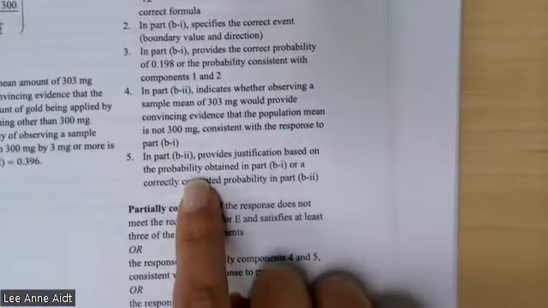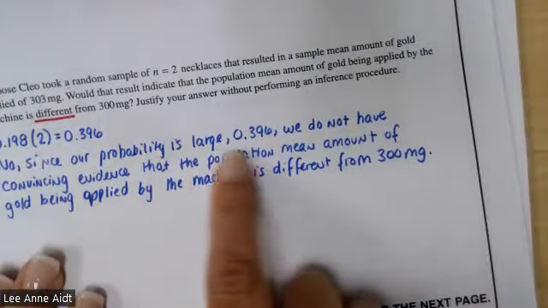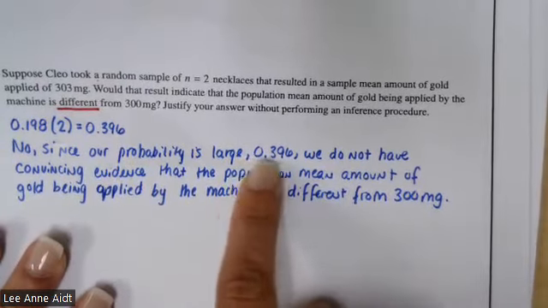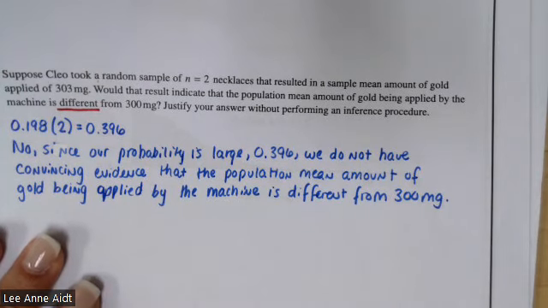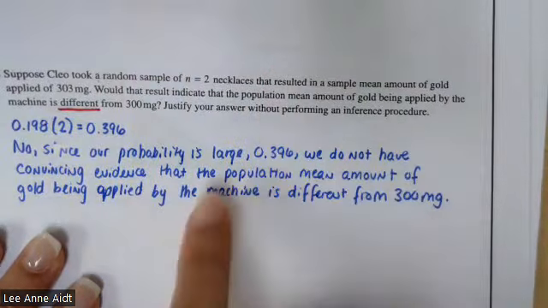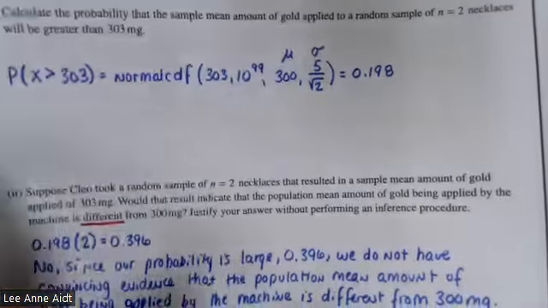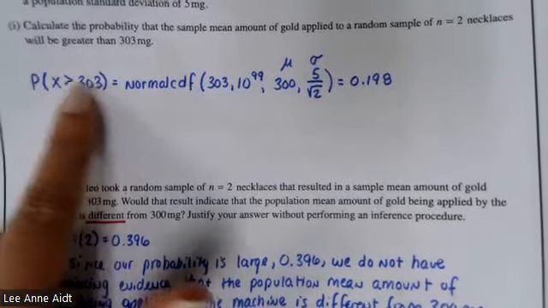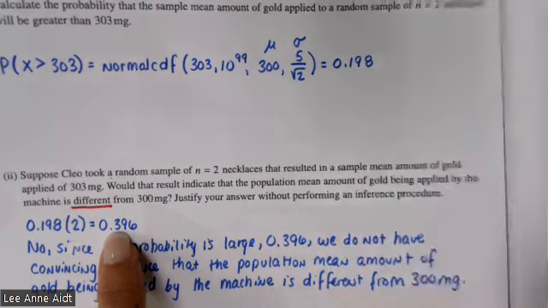And then you need to say something about the size of your probability being large or bigger than alpha or something like that. Okay, so that's piece 1, 4, and 5. You have to have those. And then either 2 or 3. 2 is the boundary value, and 3 is the multiplication by 2.